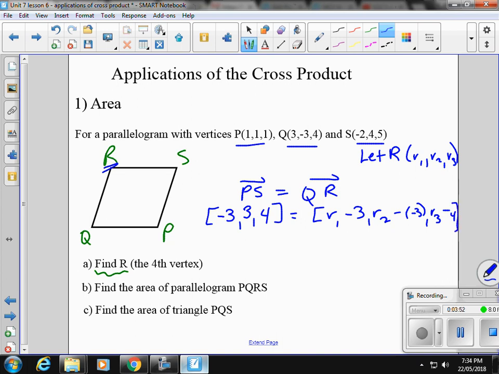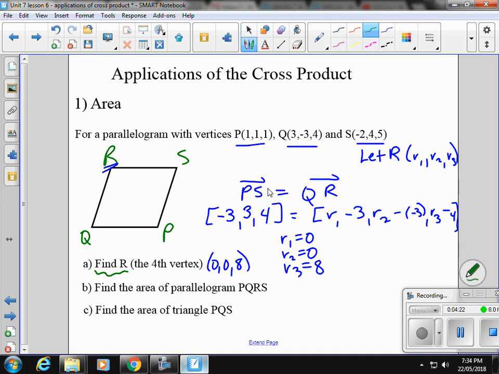So solving for each one, R1 would be 0. R2 plus 3 is 3, so R2 would be 0. And R3 would be 8. 8 subtract 4 is 4. I'm good. So I have found R. It is 0, 0, 8.